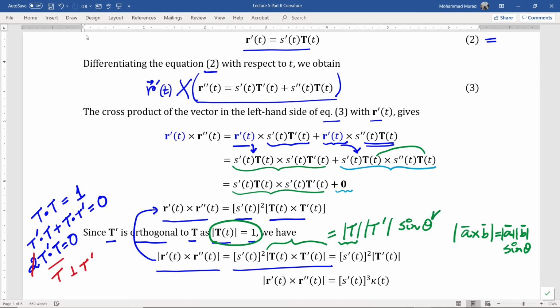And theta, the angle between the vectors, is pi over 2 radians, or 90 degrees, since the vectors are orthogonal. So we are left with the magnitude of t prime only.